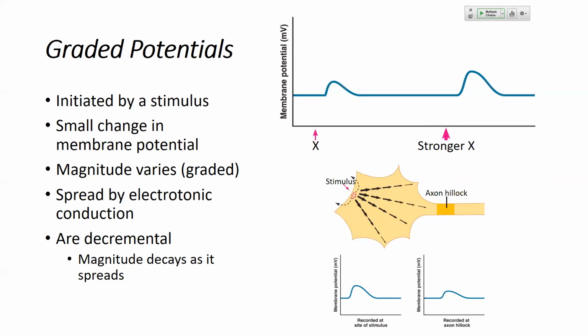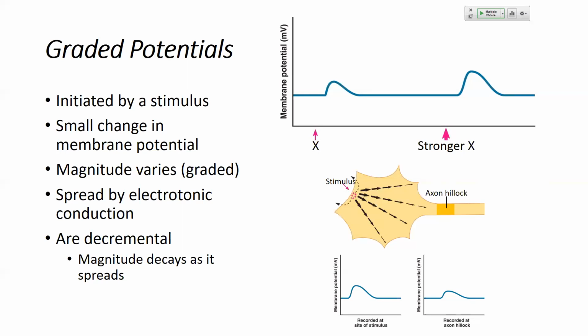The spread of a graded potential happens by electrotonic conduction. Electrotonic conduction simply means that ions are moving across the membrane, and that's how we generate some electrical energy. The movement of these ions that we spoke about across the plasma membrane. And this is why the graded potential is decremental.